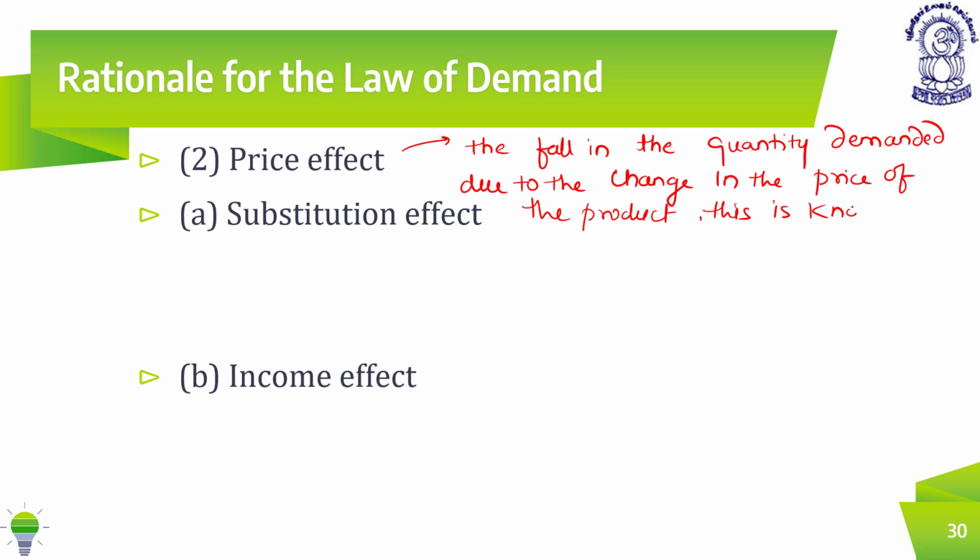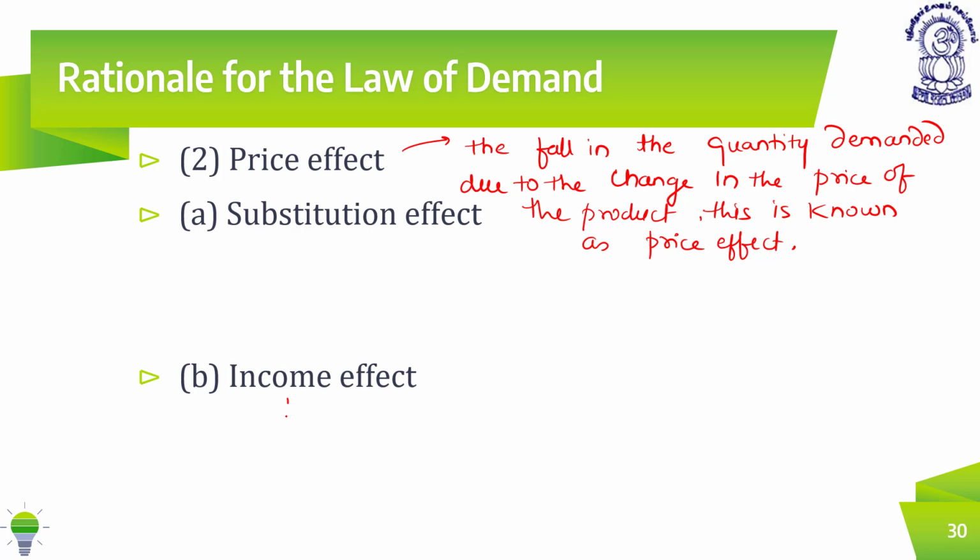Price effect could be because of two reasons, the substitution effect and the income effect. As for the income effect, I just told you that if the income of the consumer is rising, the consumer will buy more of the product. Or you can say that when the price of the commodity falls, the consumer can buy the same quantity of the commodity with less money.